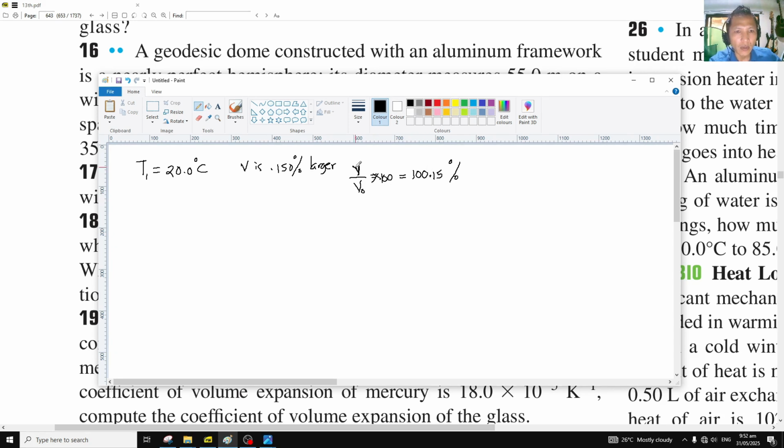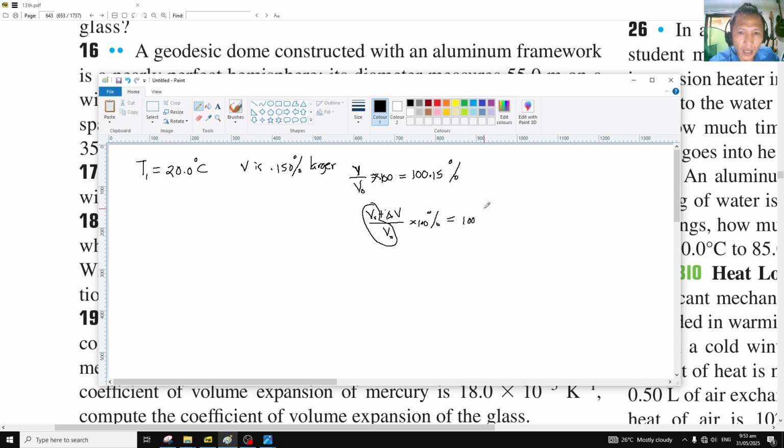So the volume is the original volume V0 plus delta V. Delta V over V0 times 100%, that would be 100.15%. V0 over V0 times 100 is 100%.